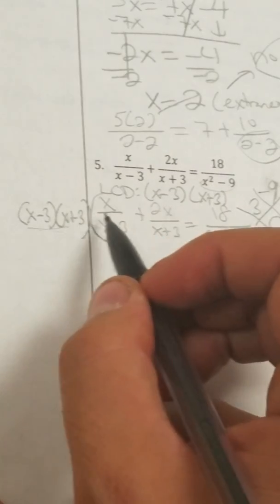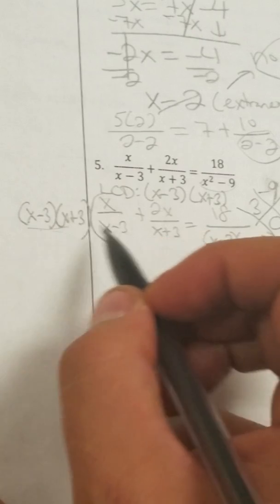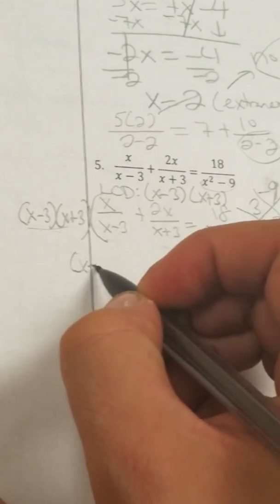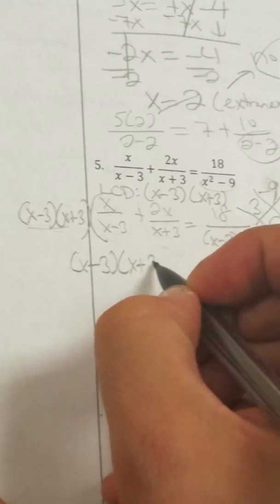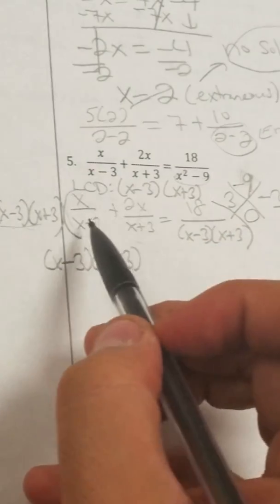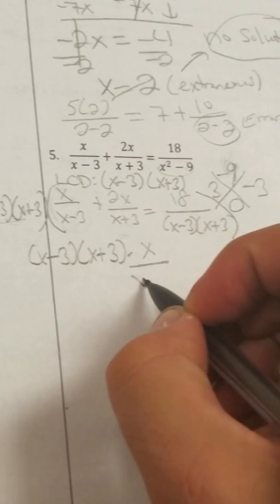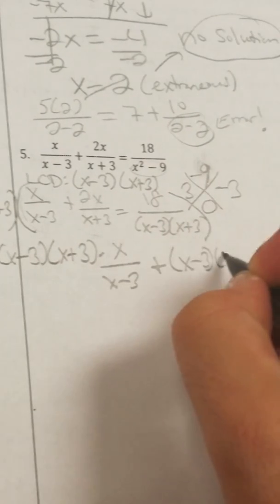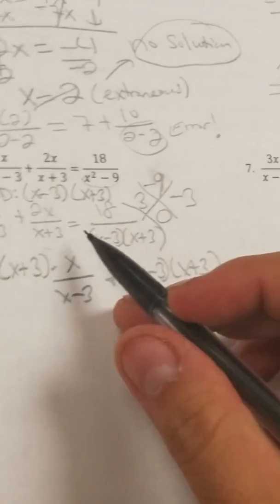So we have this guy times this plus this guy times this. So we have x minus 3, x plus 3 times that fraction plus another x minus 3, x plus 3 times the second fraction.